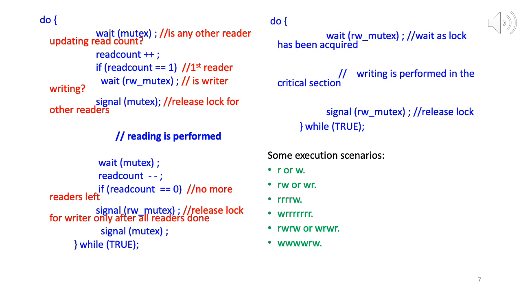You may have starvation. Okay. So we can make changes to this so that the starvation is not there. But for this particular solution, we just focus on the mutual exclusion part.